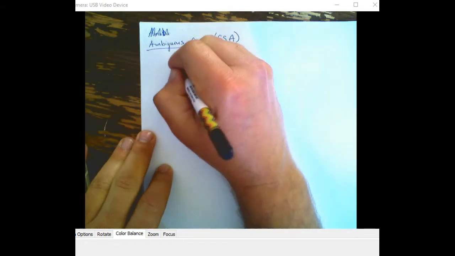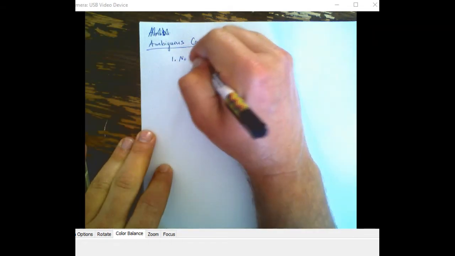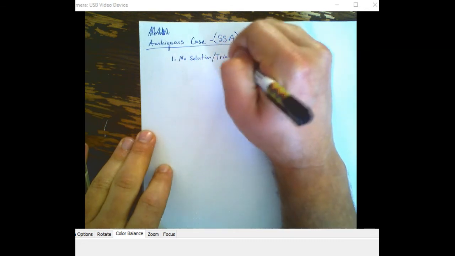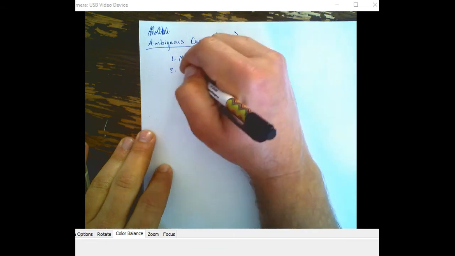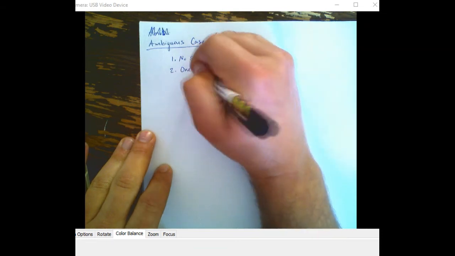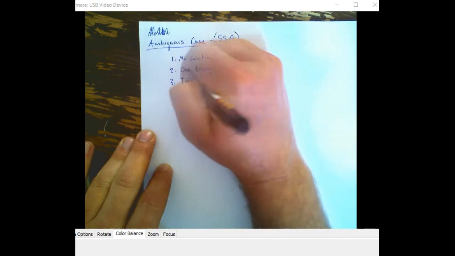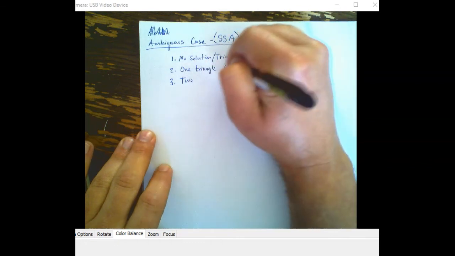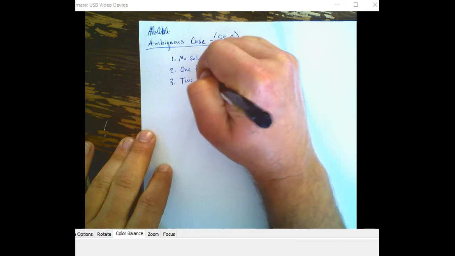There's three outcomes for this. One, there could be no solution, or no triangle. There could be just one triangle. Or it's possible that the side and angle makeup could produce two triangles. So the no triangle case, one triangle case, or two triangle case.